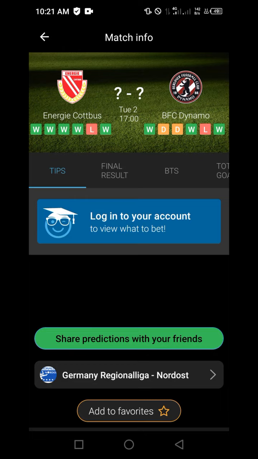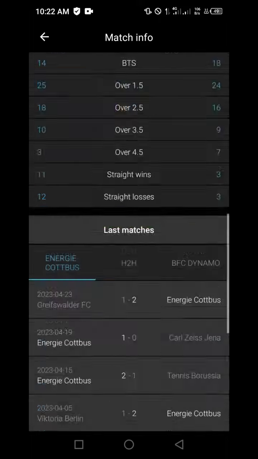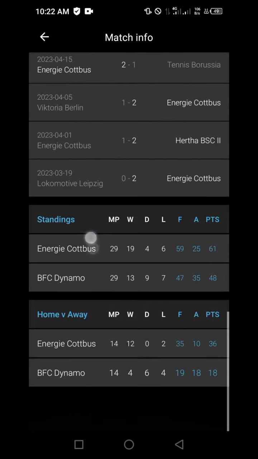But our concern is not there. Our concern, why we are going to use a calculator, is right down below. Make sure to scroll down until you arrive at the section that says standings. Standings is our greatest area of focus. Here you see that Energie Cottbus have played 29 games.